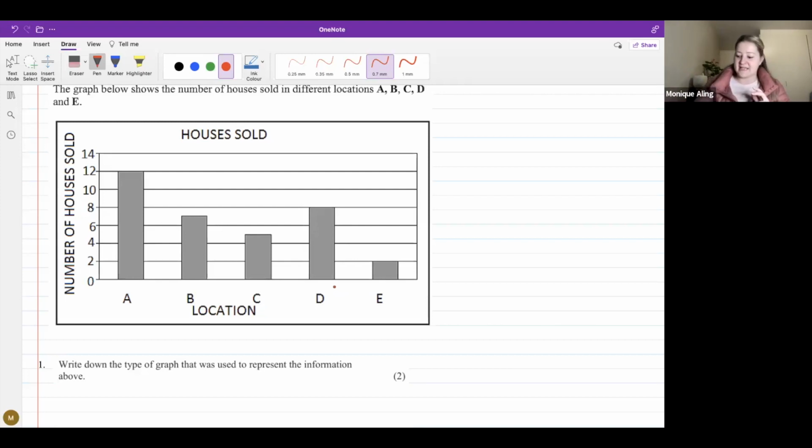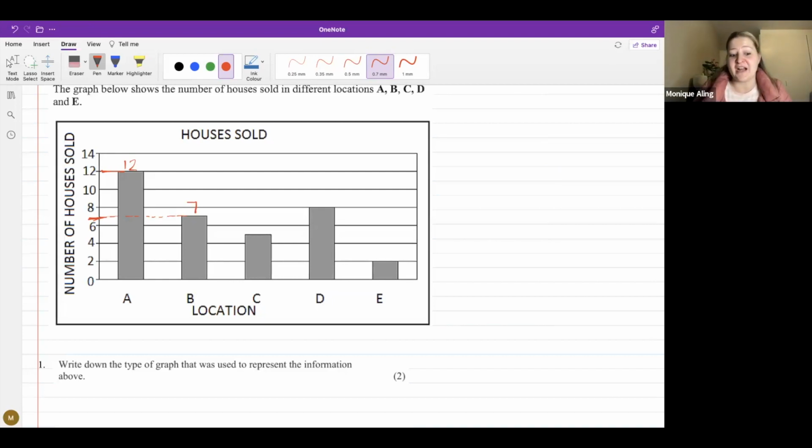As we can see, there are 12 houses that have been sold in location A. If I look at B, it's in between 8 and 6. So that means 7 houses have been sold in location B. So that's me just understanding the graph. I haven't asked a question yet or looked at a question. I'm just seeing how this graph works.